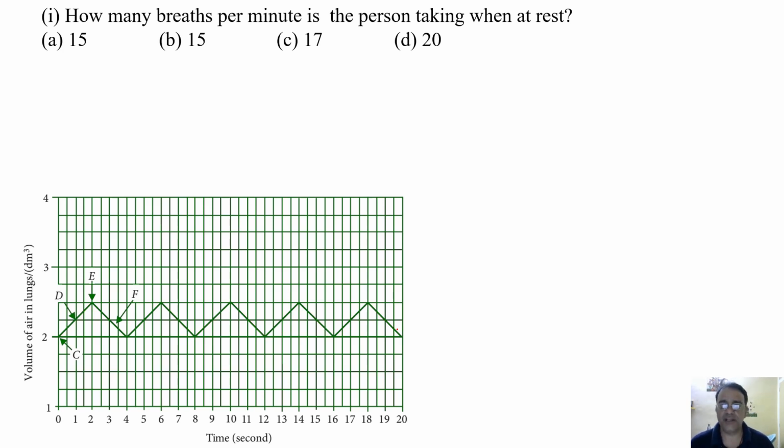So 1 मिनट में कितना होगा? 5 breaths in 20 seconds. So 1 minute में कितना होगा? 1 minute means 60 seconds. You have to multiply with 3. So what is the correct answer?